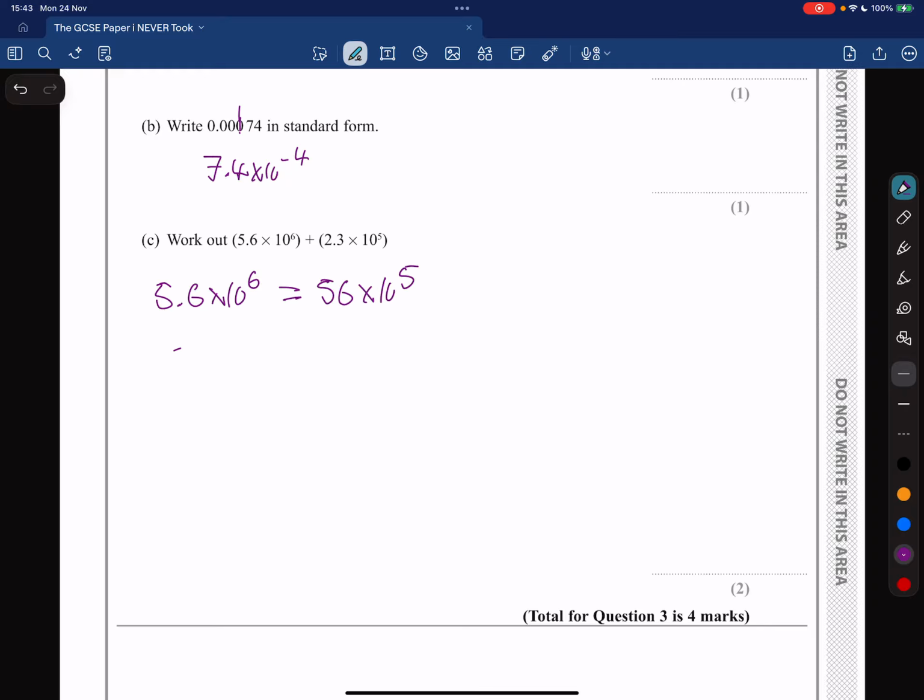So now we do 56 times 10 to the 5 plus 2.3 times 10 to the 5, which is equal to 58.3 times 10 to the 5, or 5.83 times 10 to the 6.